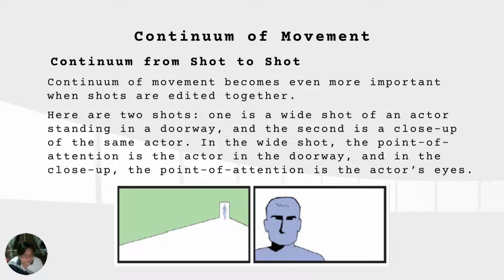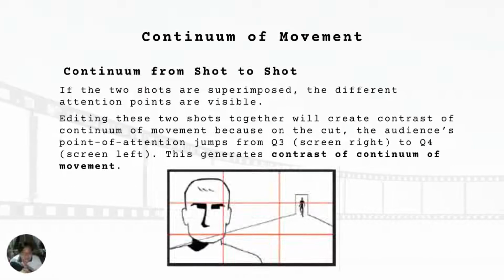Now, in the wide shot, the point of attention is the actor in the doorway, on the right quadrant of the screen. And in the close-up, the point of attention is the actor's eyes, so this time on the left quadrant of the screen.